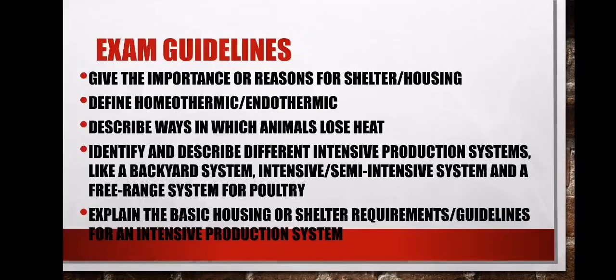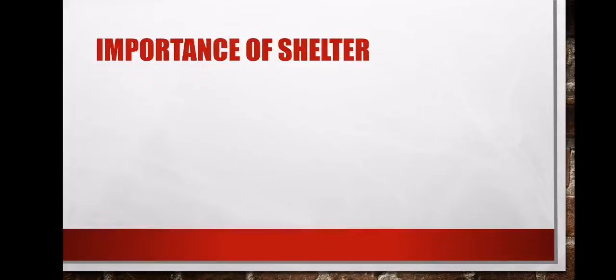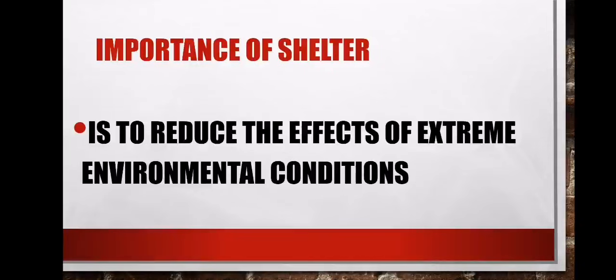Let's start from the beginning and look at the importance of shelter. We say we need shelter to reduce the effects of extreme environmental conditions, whether we want to protect our animals from cold or from high heat.